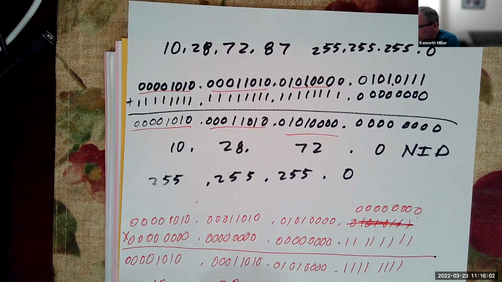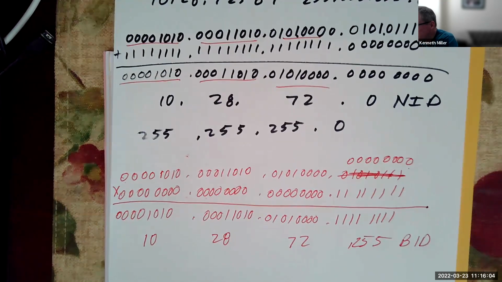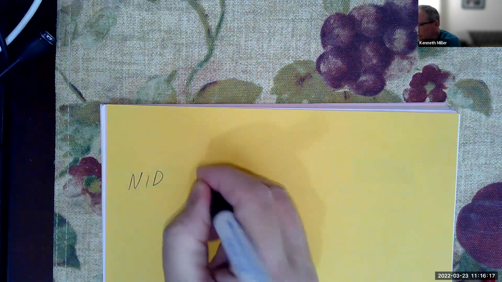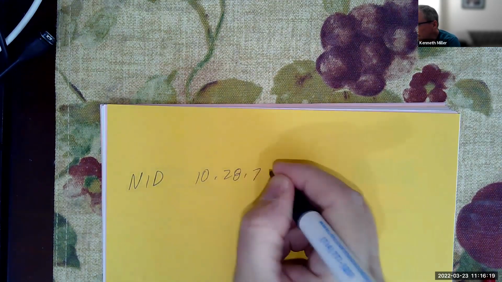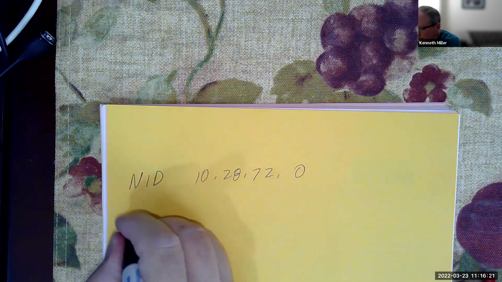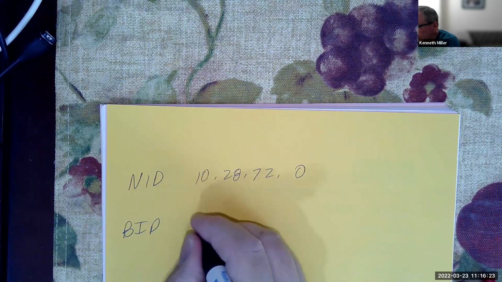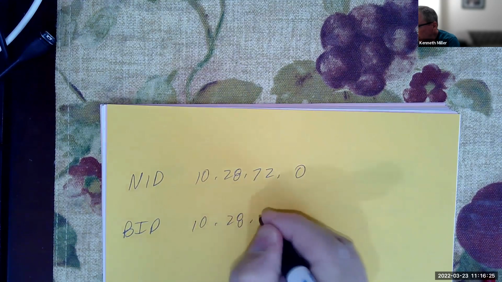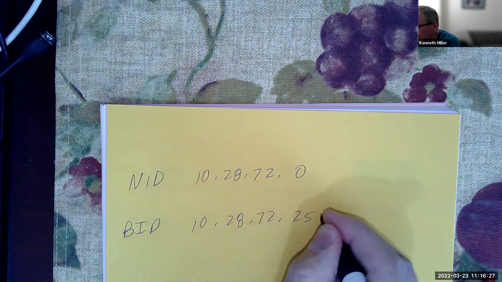Let me just rewrite this here. The Sharpie is kind of dying on me. So my network ID is 10.28.72.0. My broadcast ID is 10.28.72.255.